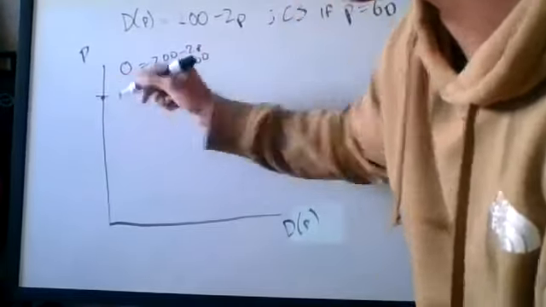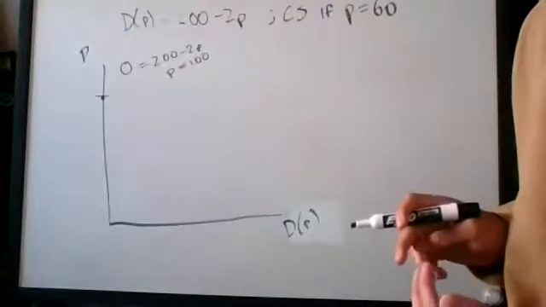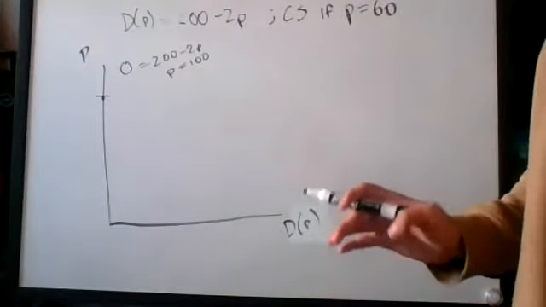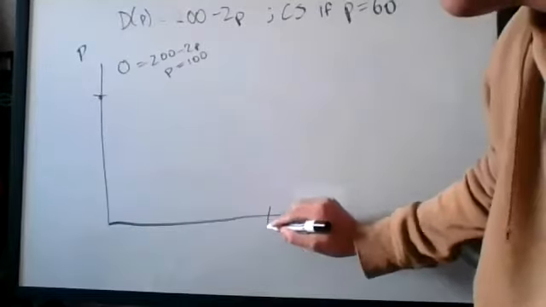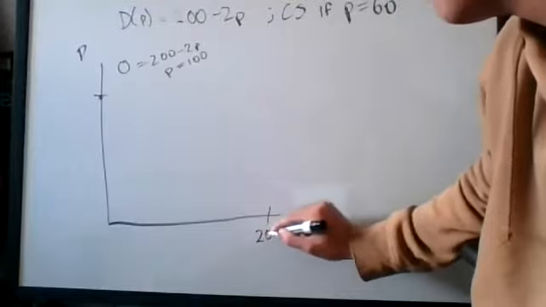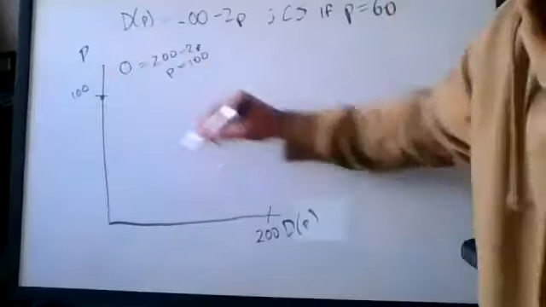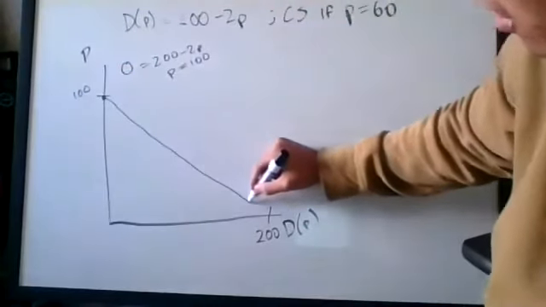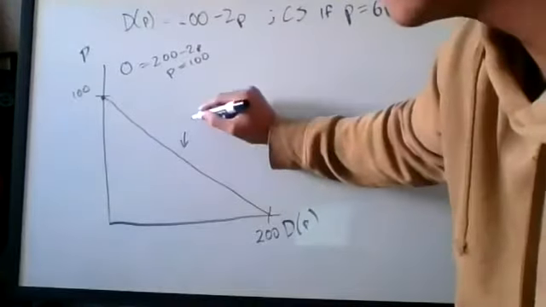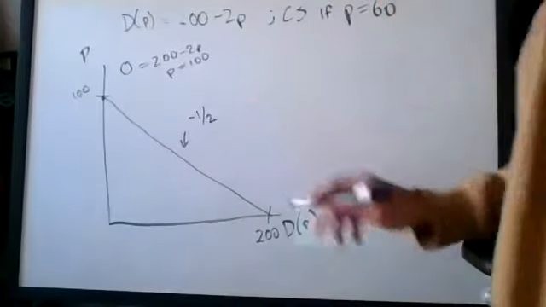So essentially, when the price is 100, nobody is going to be demanding anything. So what happens when the price is 0? Well, then demand is just going to be equal to 200. And so we have this slope that looks like this, where the slope is -1/2, okay?